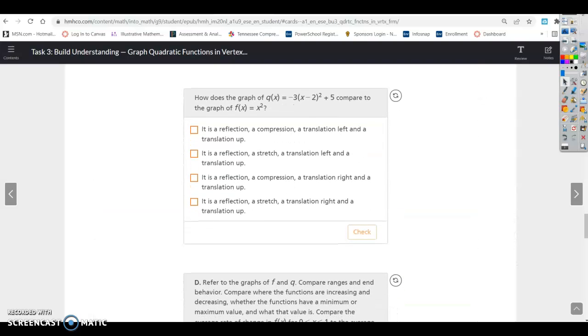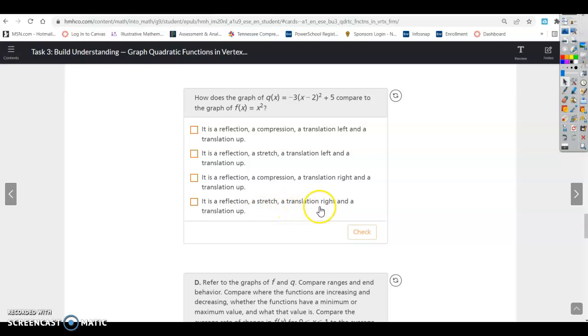How does the graph of q of x equals -3 times x minus 2 squared plus 5 compare to the graph of f of x equals x squared? It's a reflection, compression, translation left, and a translation up. Reflection, stretch, left and up. It's a reflection, a compression, a translation right, and a translation up. It's a reflection and a stretch. We know the first step was a reflection and a stretch.